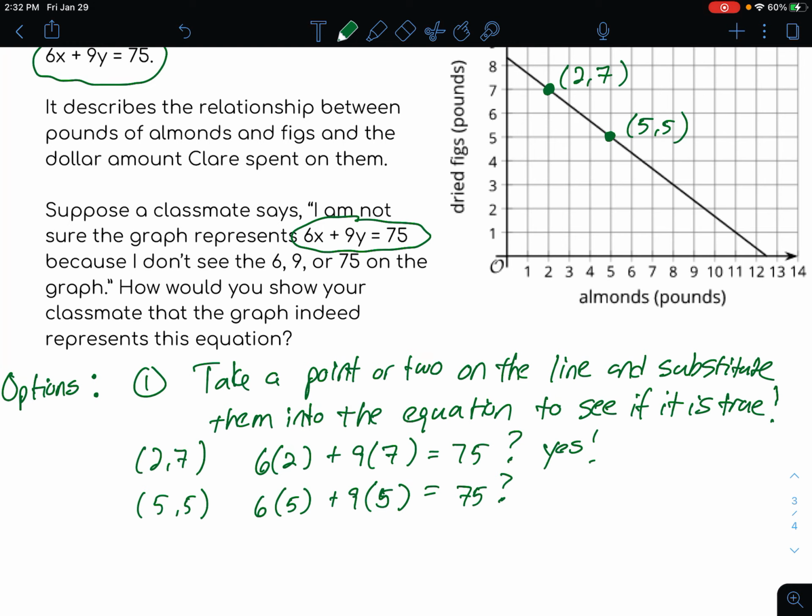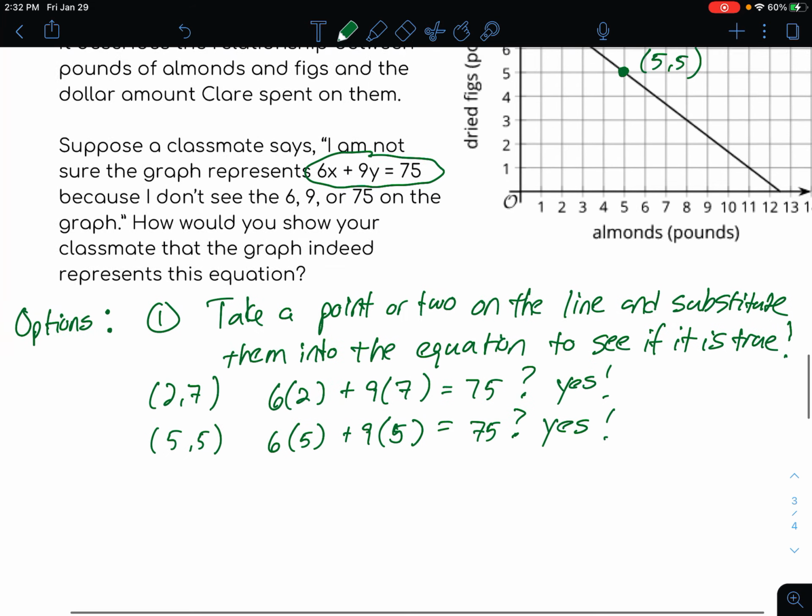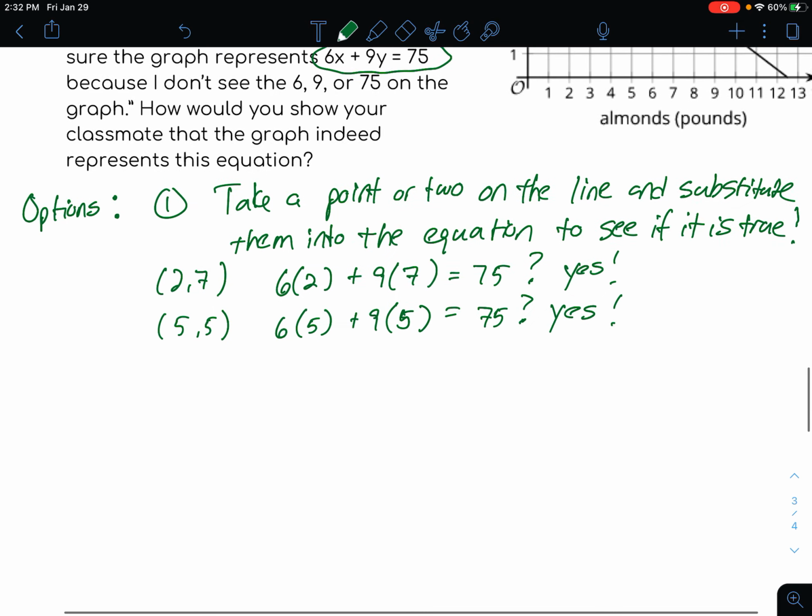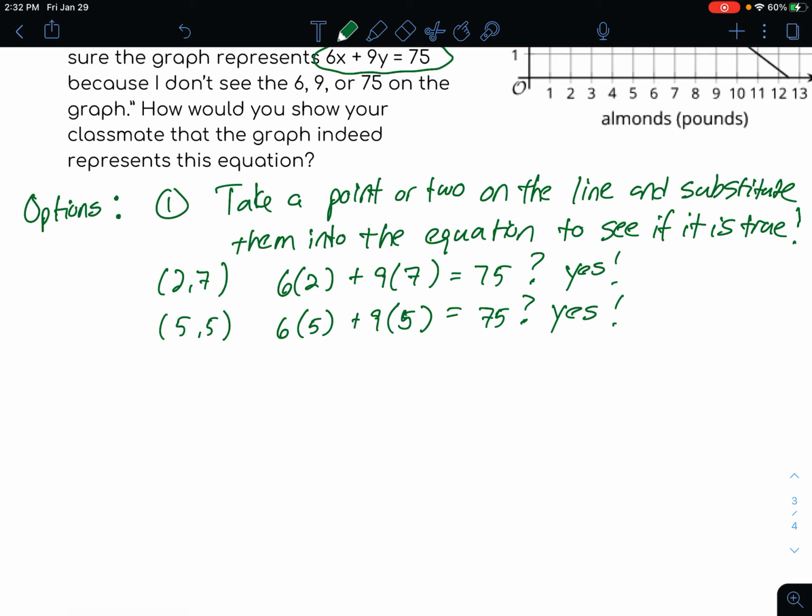Well, 6 times 5 is 30, 9 times 5 is 45, 30 plus 45 is 75. So yes, and we could continue to do that, but we've now shown that two points on that line make the equation true, and so that would be evidence that this graph is represented by this equation. Okay, so that's option number one.